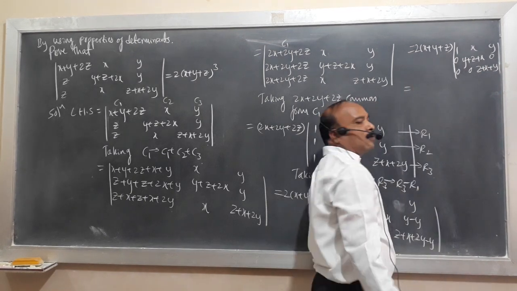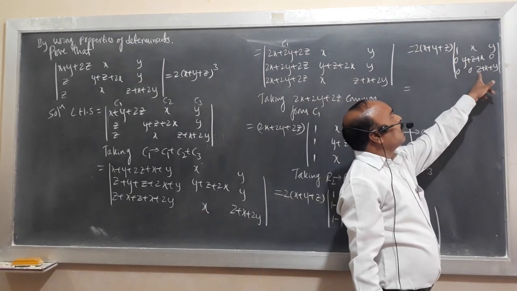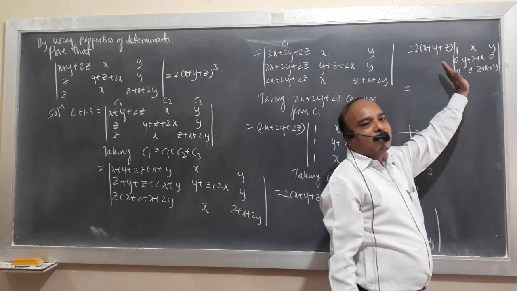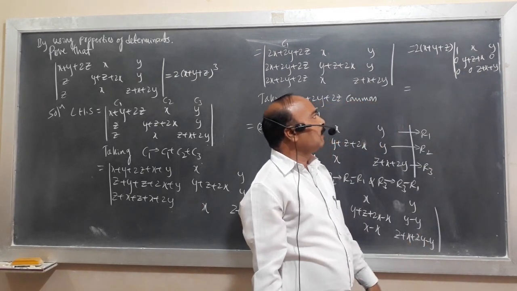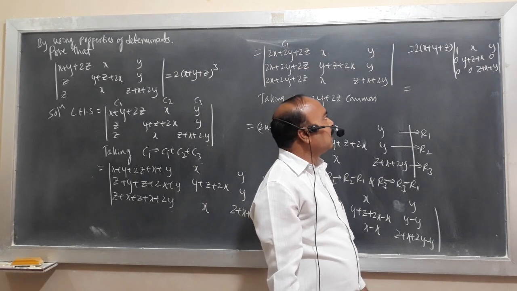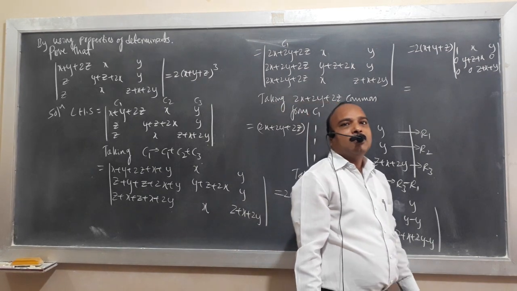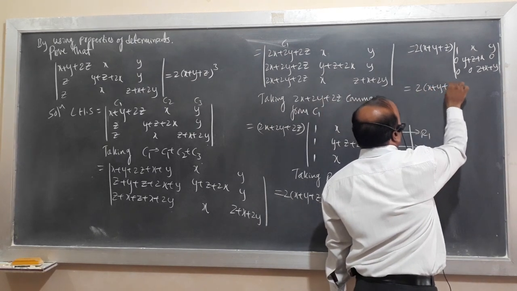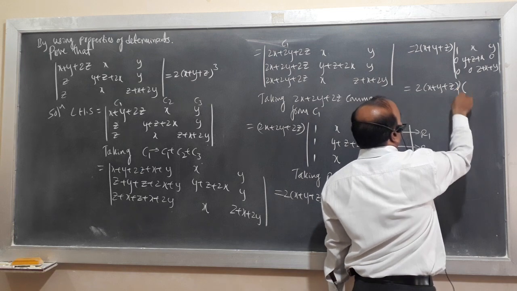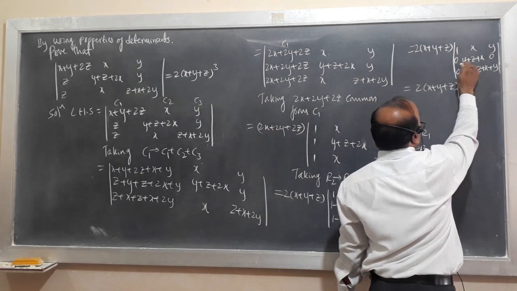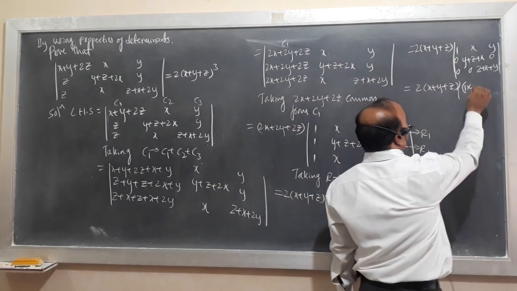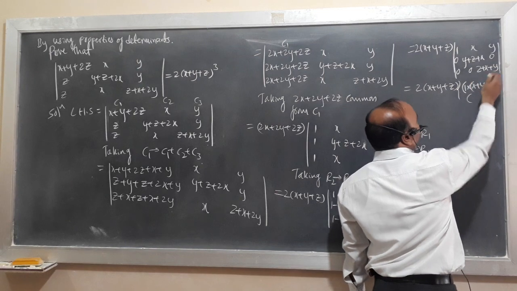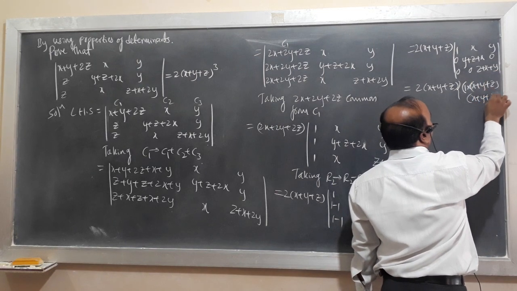Now we observe that below the principal diagonal, every element is equal to 0. Therefore it is an upper triangular matrix. If it is a triangular matrix, the determinant value is equal to the product of the diagonal elements. Therefore we write it as 2 times (x plus y plus z) into the product of diagonal elements: 1 into (y plus z plus x), which is nothing but x plus y plus z, into (z plus x plus y), which is also x plus y plus z.